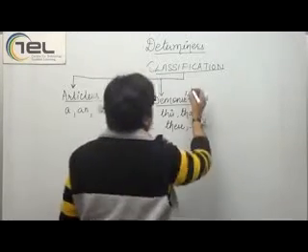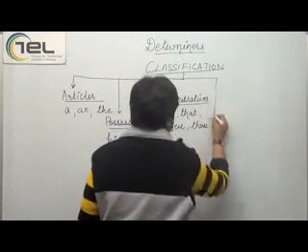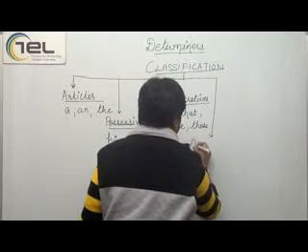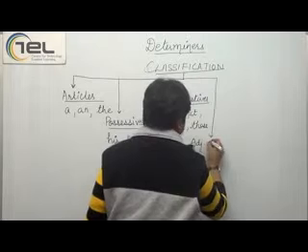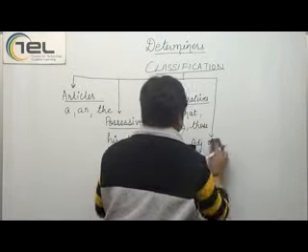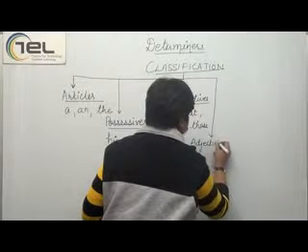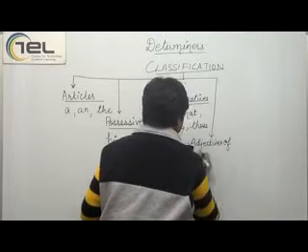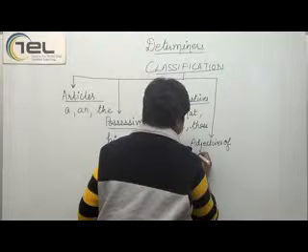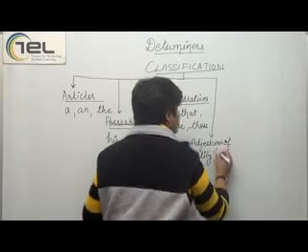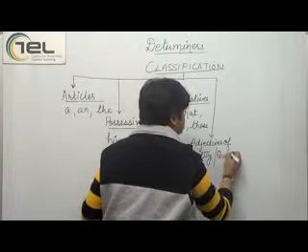Right? Now after this, let's come on to the next category, and that would be adjectives of quality. They are also called qualitatives.